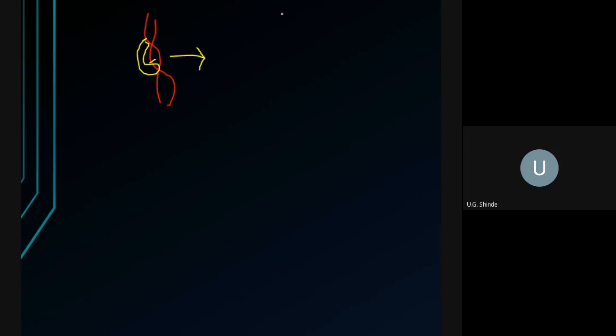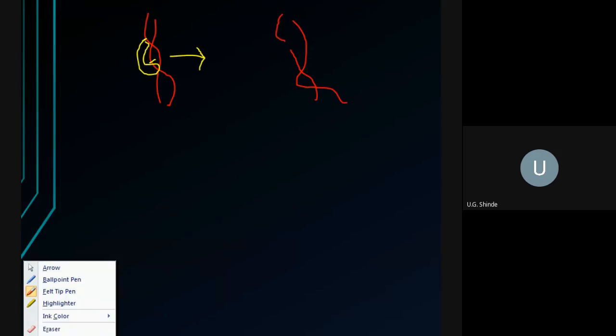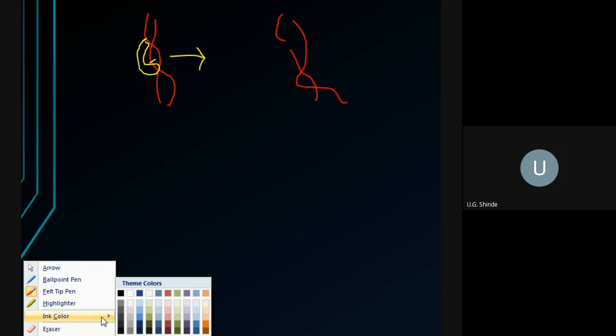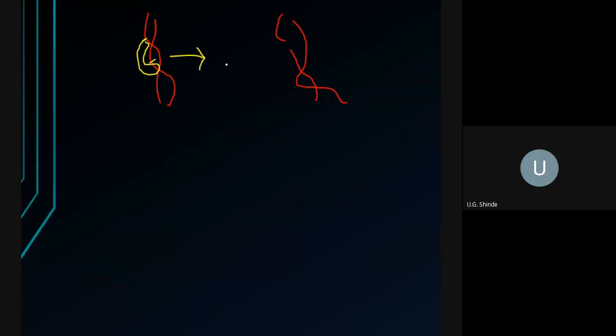So this is the nick, and the rest of it is present as it is, in this manner, whereas this enzyme is present as it is there.